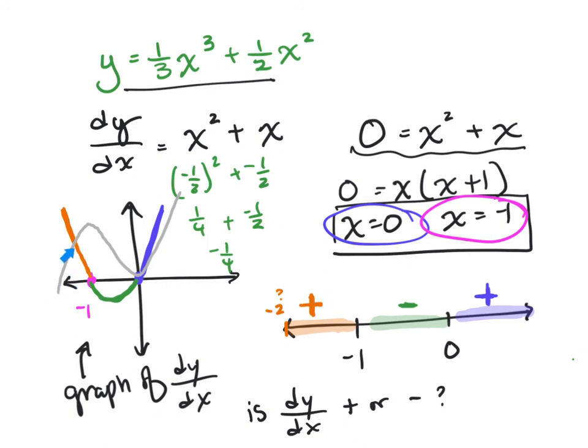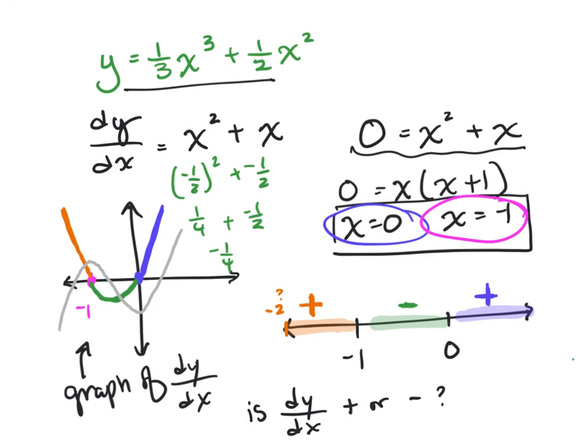This says the slope is positive for this section, this says the slope is negative for this section, and this part says the slope is positive for this direction. So it's going to look kind of like this. It could be a little bit steeper, or a little bit shallower, and it could be all the way up here, it could be all the way down here, but it's going to be kind of sitting like that.